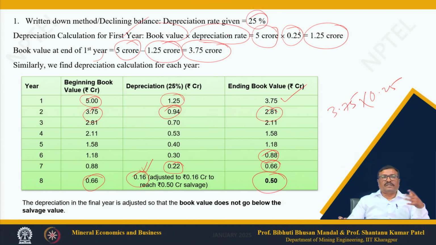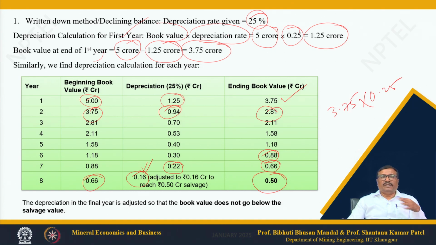Naturally, in most cases, if you calculate depreciation using the declining balance or written down method, you will see that the salvage value does not match, primarily because in the calculation itself you have never used the salvage value. You have the cost of the machine when you purchased it, and you go on multiplying and deducting whatever depreciation you find from the book value.